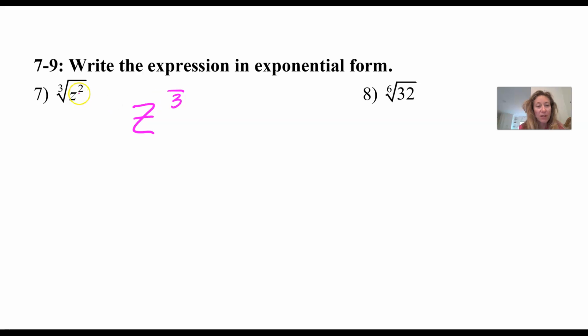The numerator would be the exponent on z, 2. So we always need to write the denominator first so that we remember to have a fraction. Sometimes students will just totally forget that it's a fraction exponent. They just write down the number that they see. So if this had been z in the 3rd root, they might accidentally write it as z to the 3rd power.